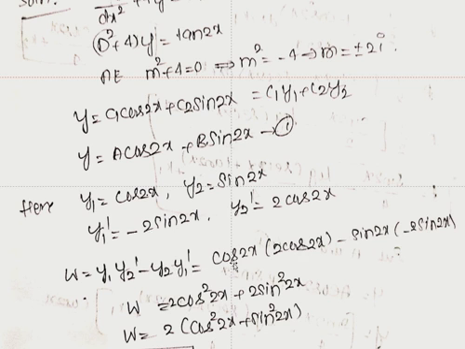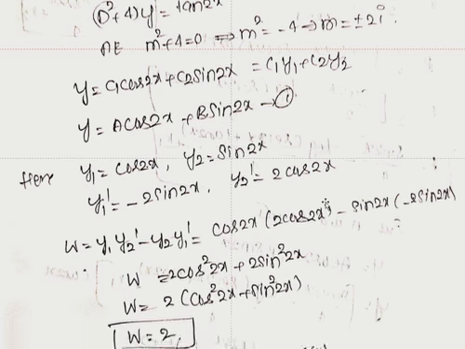Therefore w is equal to 2 into cos square 2x, and minus of minus is plus, 2 into sin square 2x. In these two terms, 2 is the common factor outside, and the remaining terms are cos square 2x plus sin square 2x. Therefore w is equal to 2 into cos square 2x plus sin square 2x. This value is 1. Therefore 1 into 2 is 2.